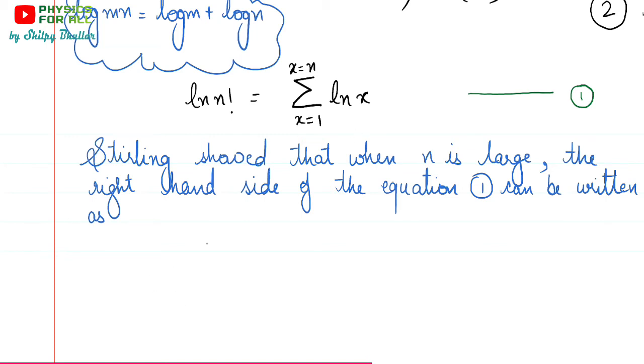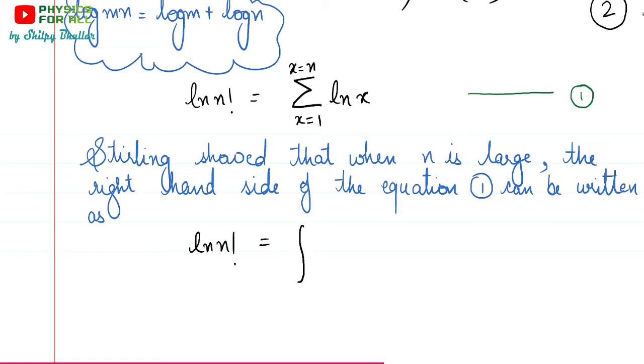See here, ln n factorial on the left hand side is the same, but on the right hand side we have replaced sigma by an integral. So this becomes like this.